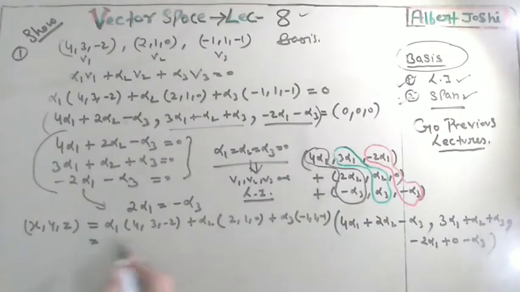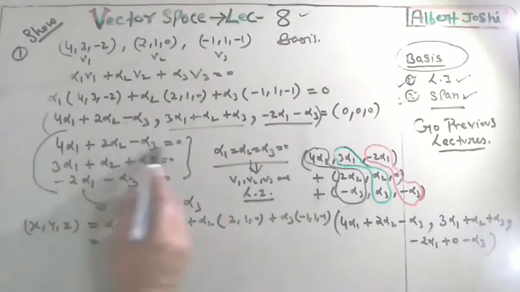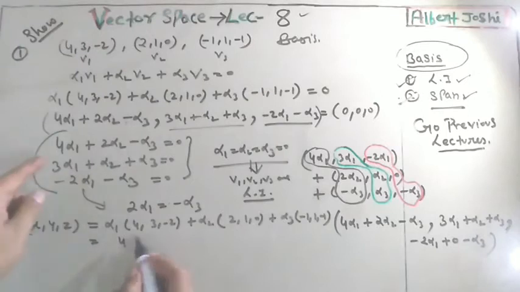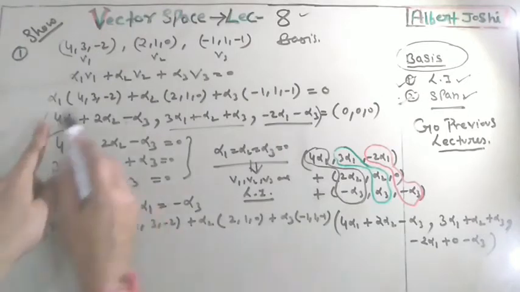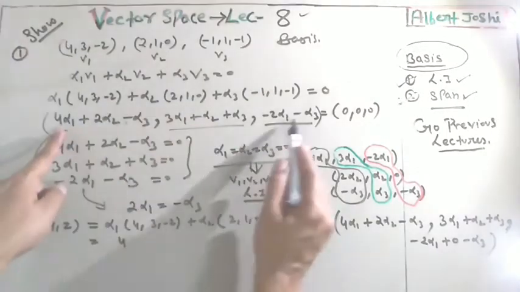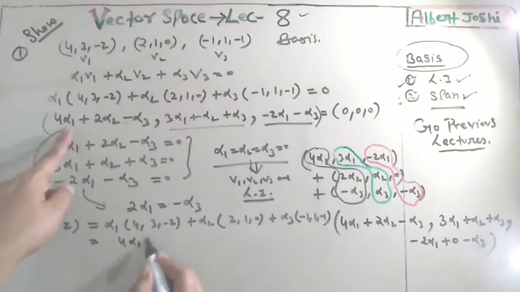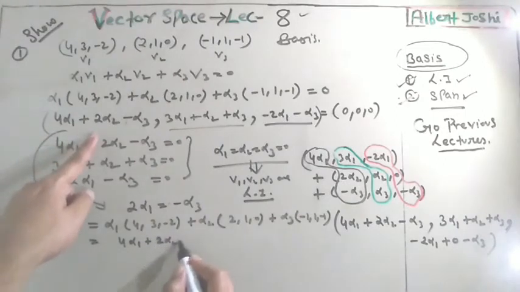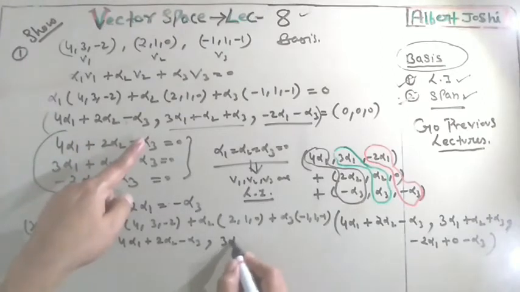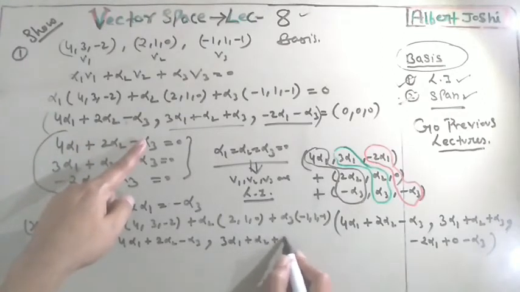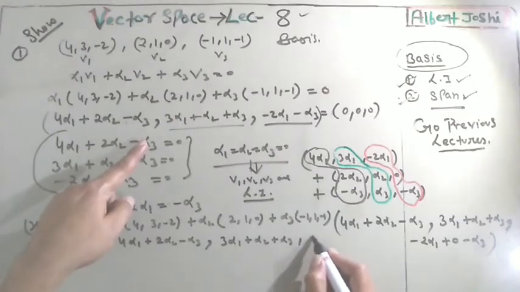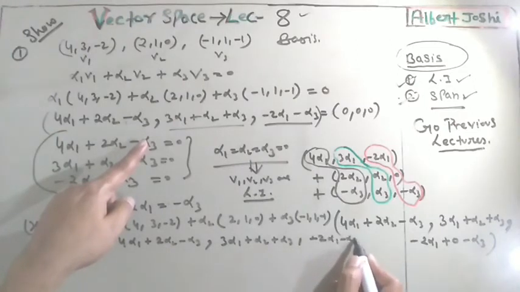I am again solving the same thing; already we have solved this. If you multiply this out, you will get the same thing again: 4 alpha 1 plus 2 alpha 2 minus alpha 3, comma, 3 alpha 1 plus alpha 2 plus alpha 3, comma, minus 2 alpha 1 minus alpha 3.